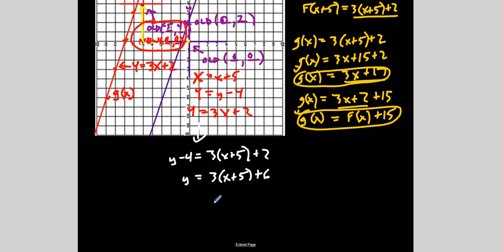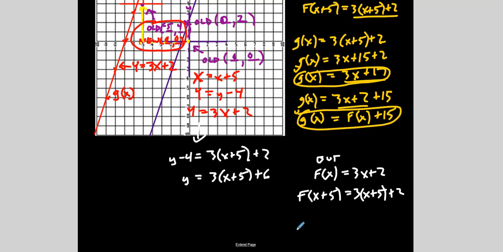Okay, but we know that f of x is defined here as 3x plus 2. Therefore, f of x plus 5 is equal to 3, replace x with quantity x plus 5 plus 2.